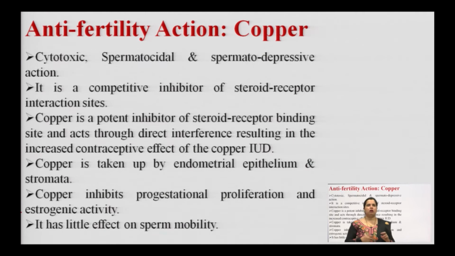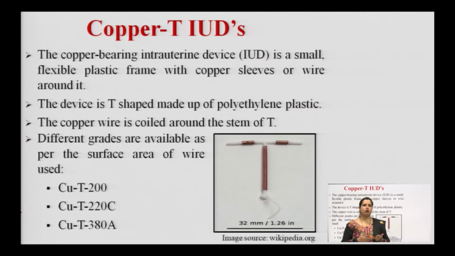Now, after the antifertility action of copper, we will discuss the various types or designs available in copper-bearing IUDs. The general categorization is the design 7 and T. In T, based on the volume or weight of copper used in the IUDs, they are named differently, like copper T200, copper T220C, copper T380A.